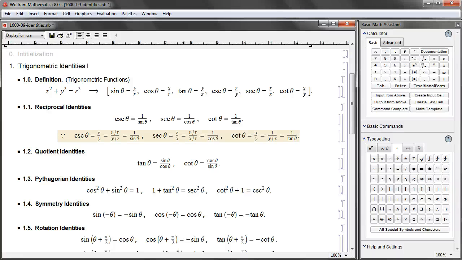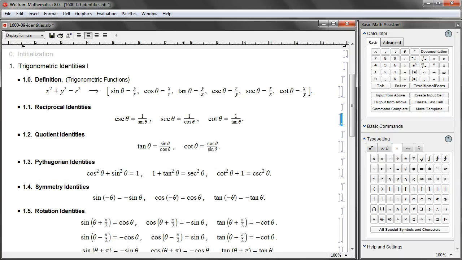Eventually, we end up with secant is 1 over cosine. We can prove these reciprocal identities just by starting from the definition and algebraically manipulating, and we just have a one-liner.